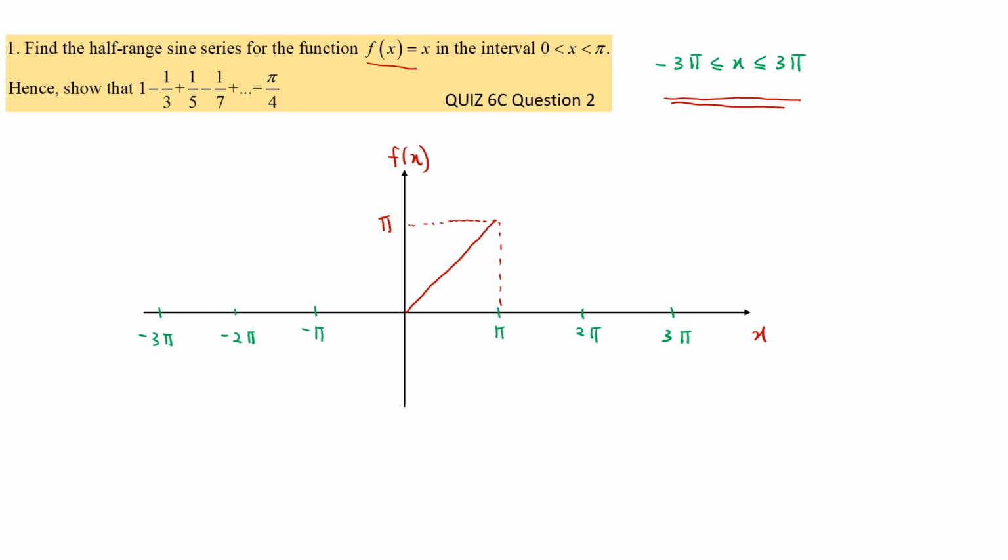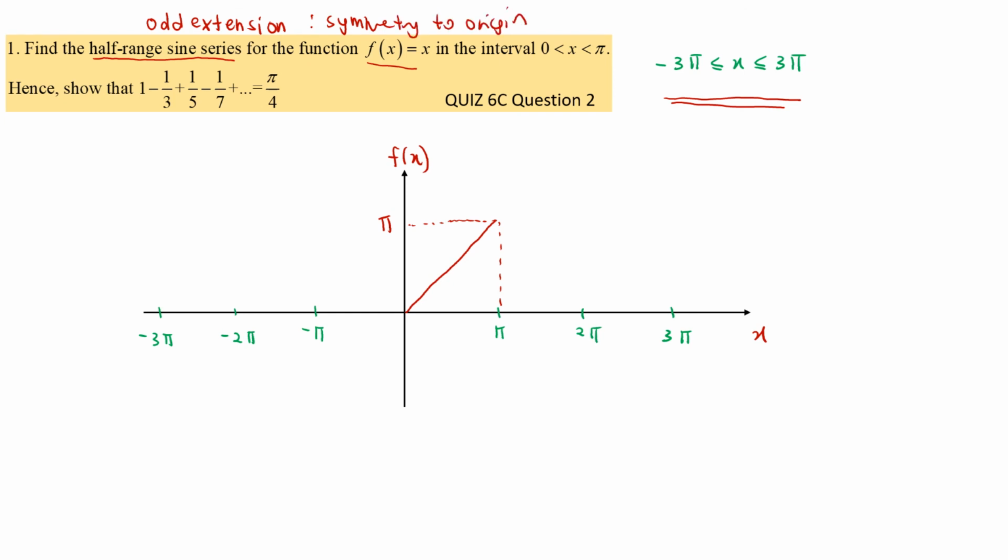Okay, since the question asks you to find the half-range sine series, this means that it is an odd extension. For an odd extension, it means that it is symmetric about the origin.